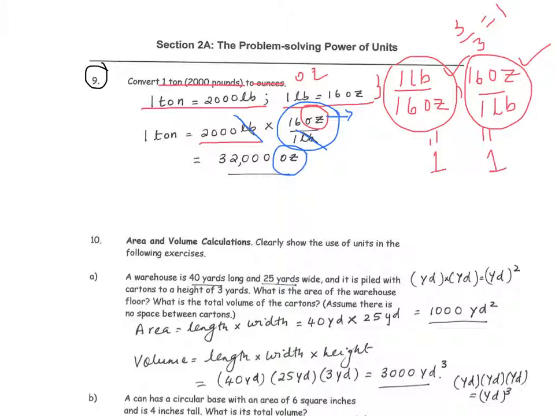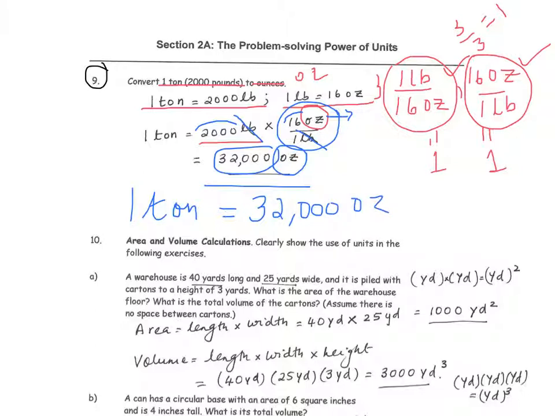And when we multiply the numbers together, which is 2000 pounds with 16 ounces, we get 32,000 ounces. So we started off with 1 ton, and now we know that 1 ton is equal to 32,000 ounces. So we've changed the units of measurement from tons to ounces.